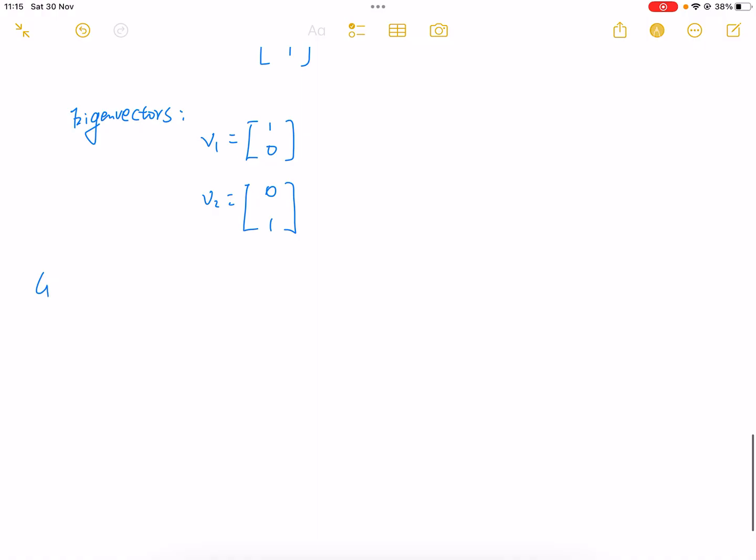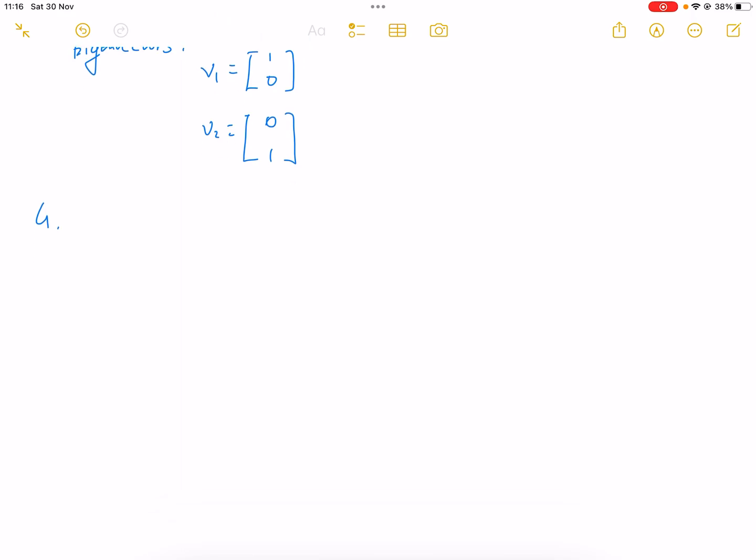The next step, we construct the Jordan canonical form with the eigenvector and the generalized eigenvector. The Jordan canonical form will have a 2 by 2 block corresponding to the eigenvalue lambda equals 4. We organize this into a Jordan block matrix.